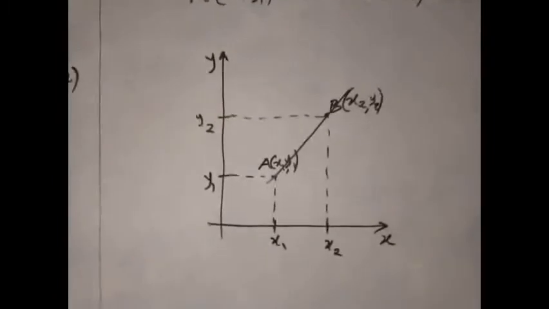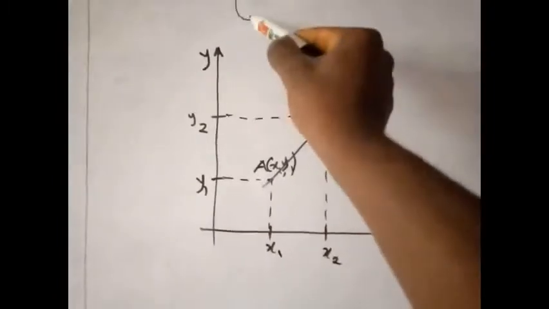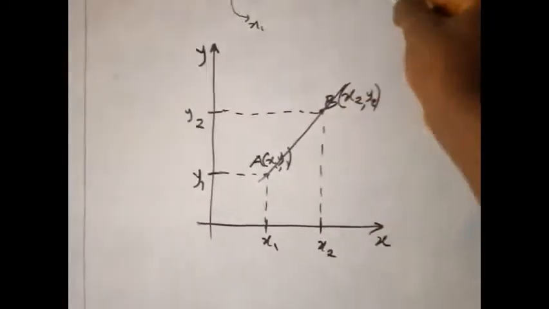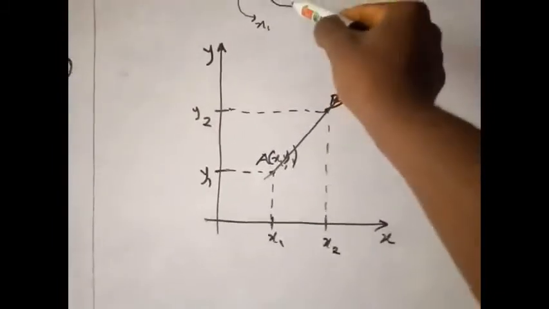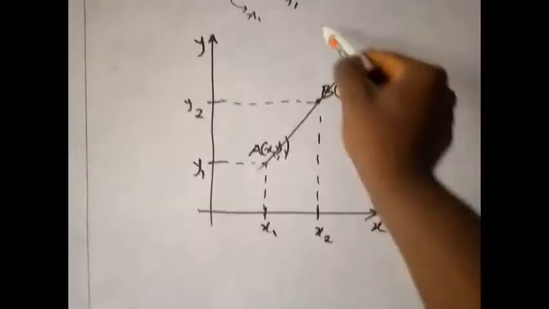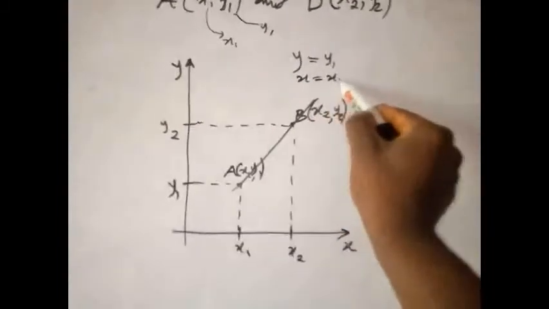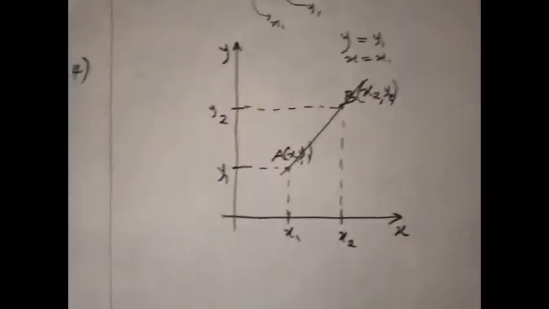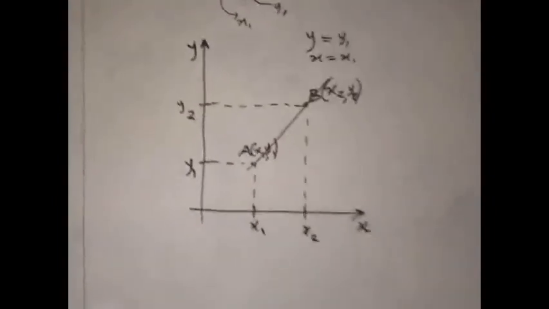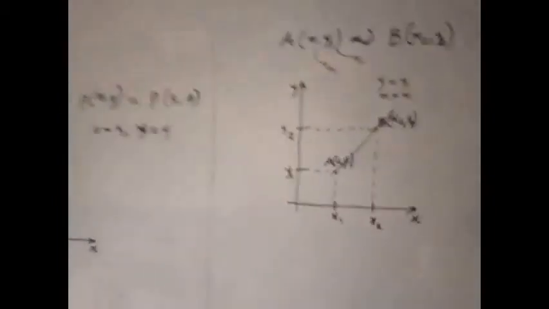When x is x1, then y will be y1. That is, y equals y1, x equals x1. When x is x1, y is y1. This is how to locate points when you are given a coordinate.